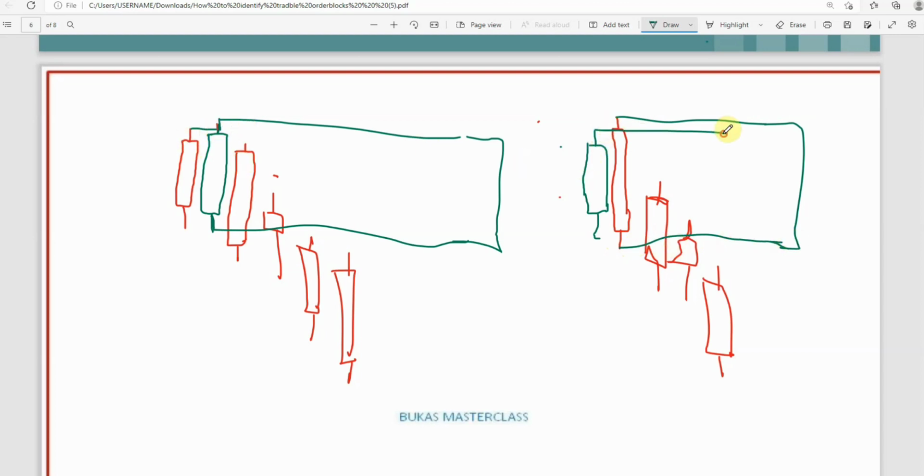From here now is not a tradable order block. This one is not a tradable order block. What happens if you use this one as your order block? You might not get mitigated around here.